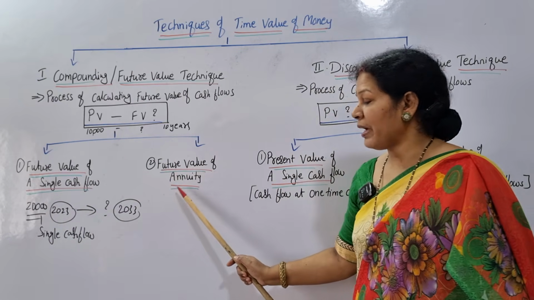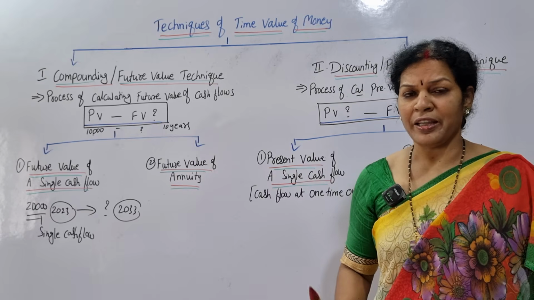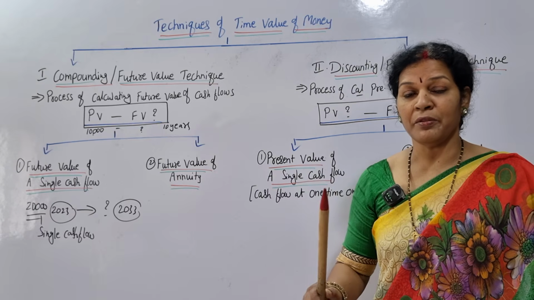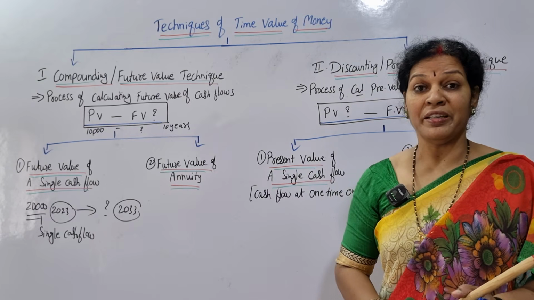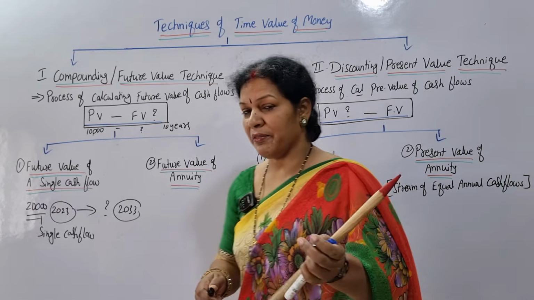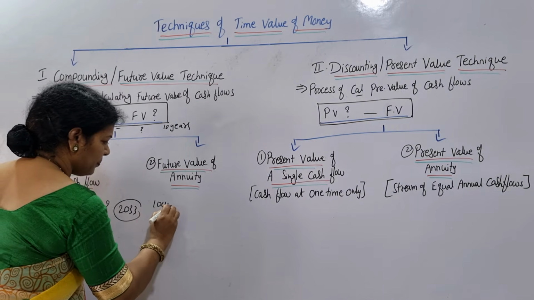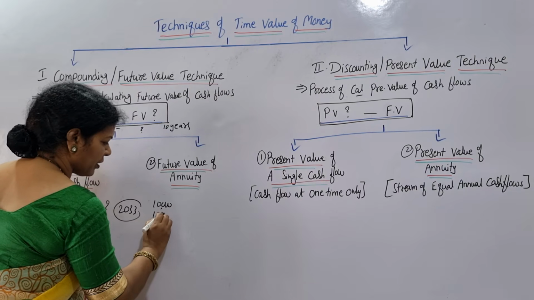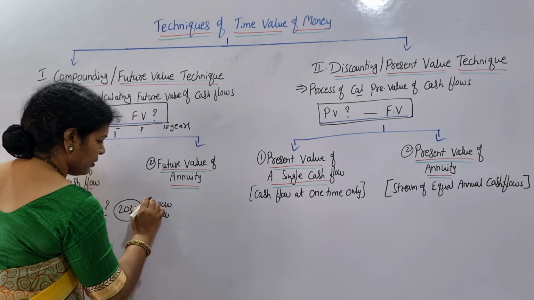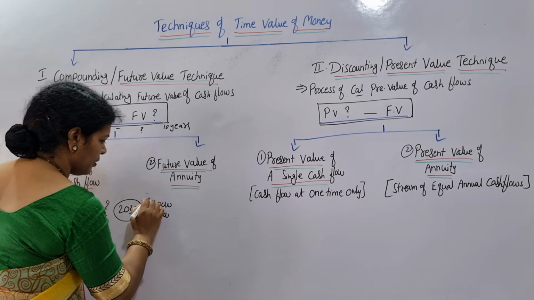That is why we say future value of a single cash flow. Second one is future value of annuity. Annuity means many inflows. Say I am having 10,000. First year 10,000, second year 10,000. Say I will write it like this.